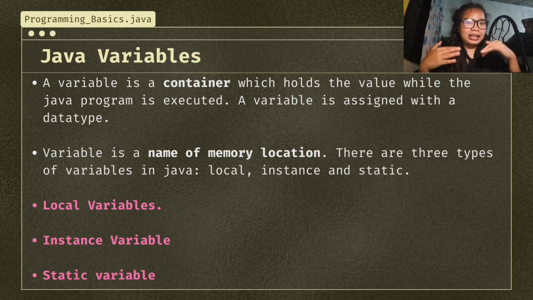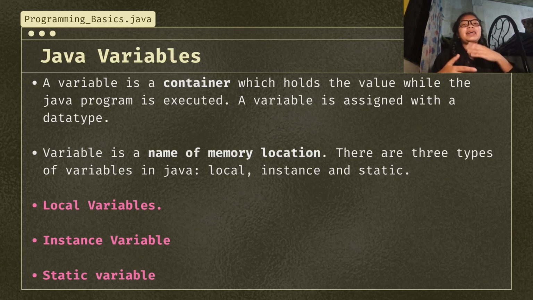Don't worry, nandito ako. All variables are identifiers, but not all identifiers are variables, because variables hold storage for data and values, while identifiers can be anything, kahit may laman o wala, basta nakakapag-identify lang siya.